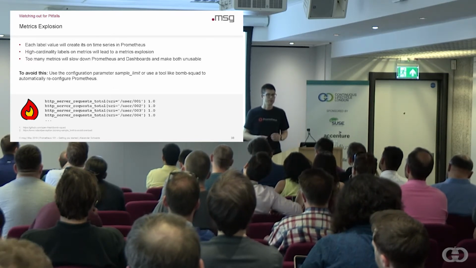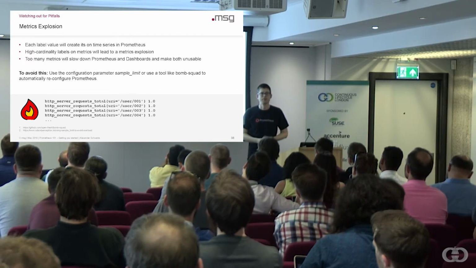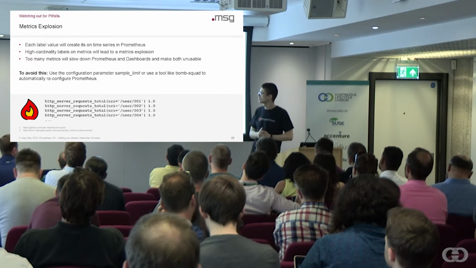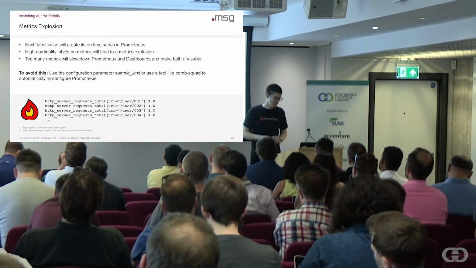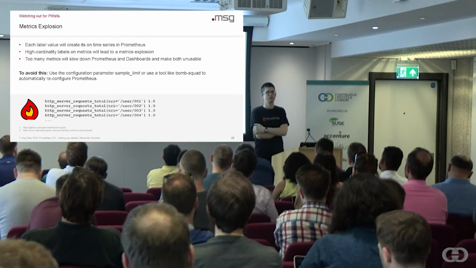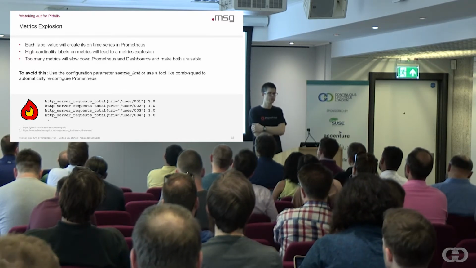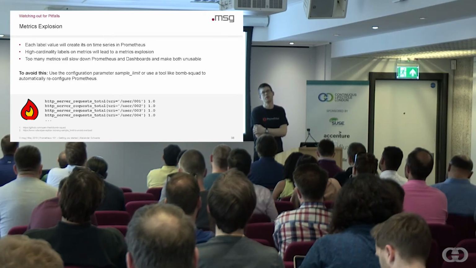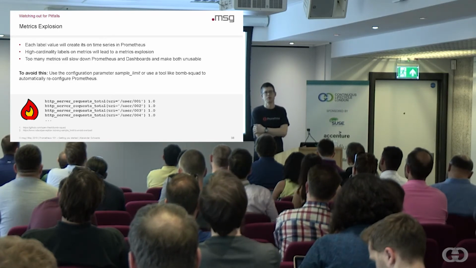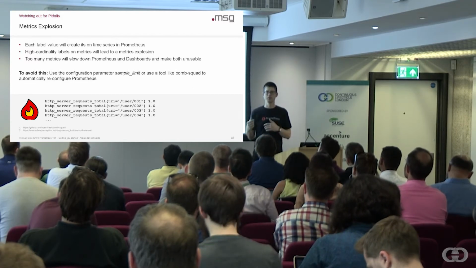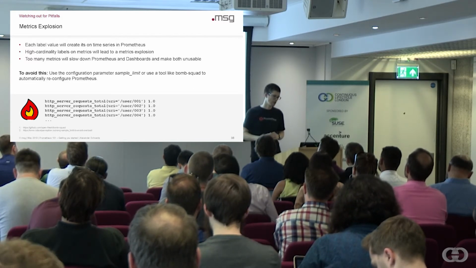All right, so something like metrics explosion. We've seen labels, and you can add them to your metrics as you want. The thing is, there shouldn't be too many different values. The cardinality shouldn't be that high. So it's probably a bad idea to put the username as a label on your metric, because then you might have hundreds and thousands of different values of that label.